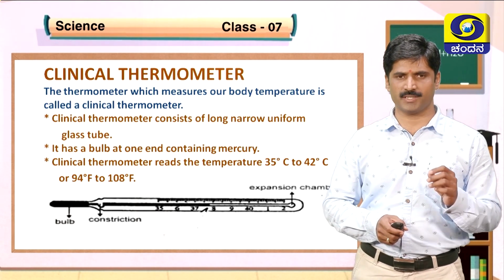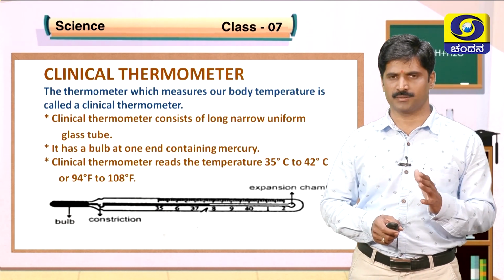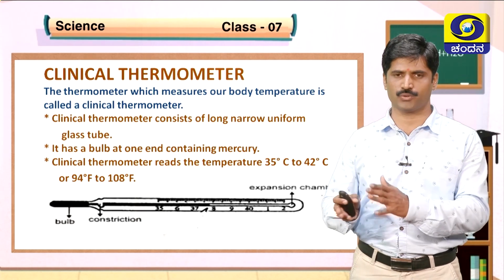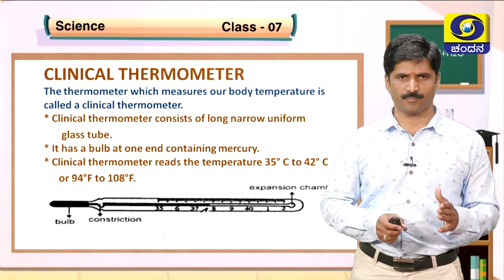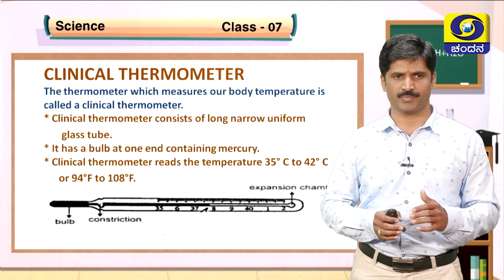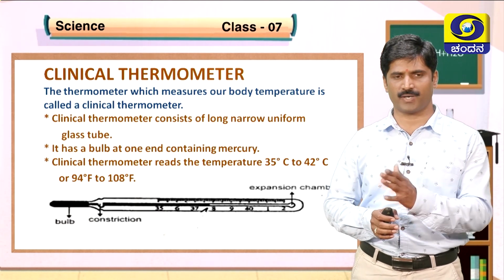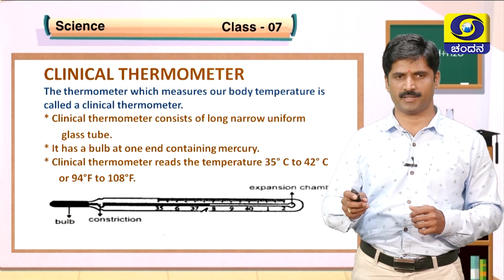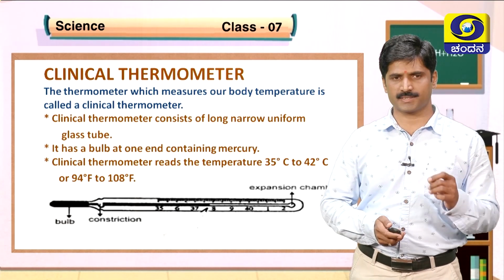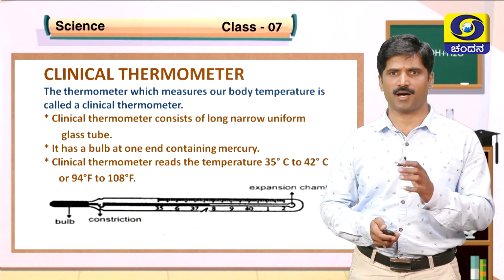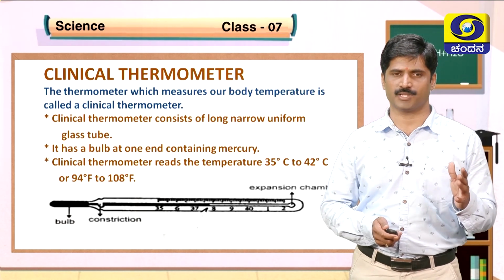A clinical thermometer reads temperatures between 35 degrees Celsius and 42 degrees Celsius, or on the Fahrenheit scale, 94 degrees Fahrenheit to 108 degrees Fahrenheit. Degree Celsius and Fahrenheit are units of measurement of temperature.